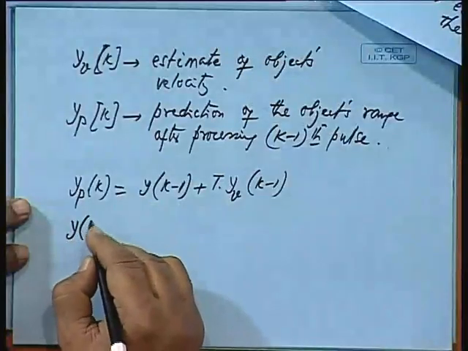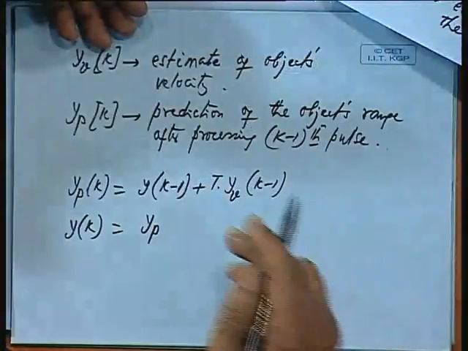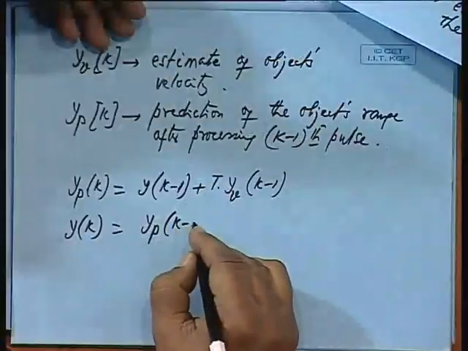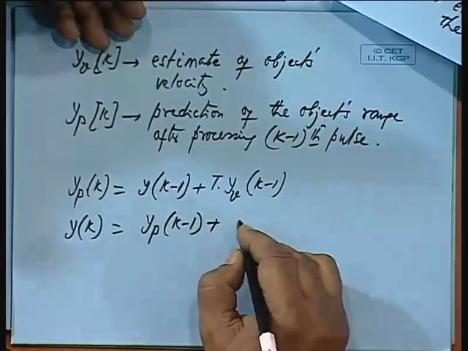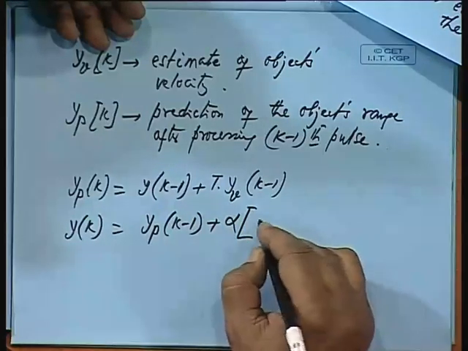Similarly, what will be the estimate at the next instant, that is, after processing k number of measurements, what will be its value yk? How will you estimate yk? It is the predicted value, whatever was predicted to be the value at this moment from the previous instant, ypk, plus we take a correction factor into the error. And what is the error?